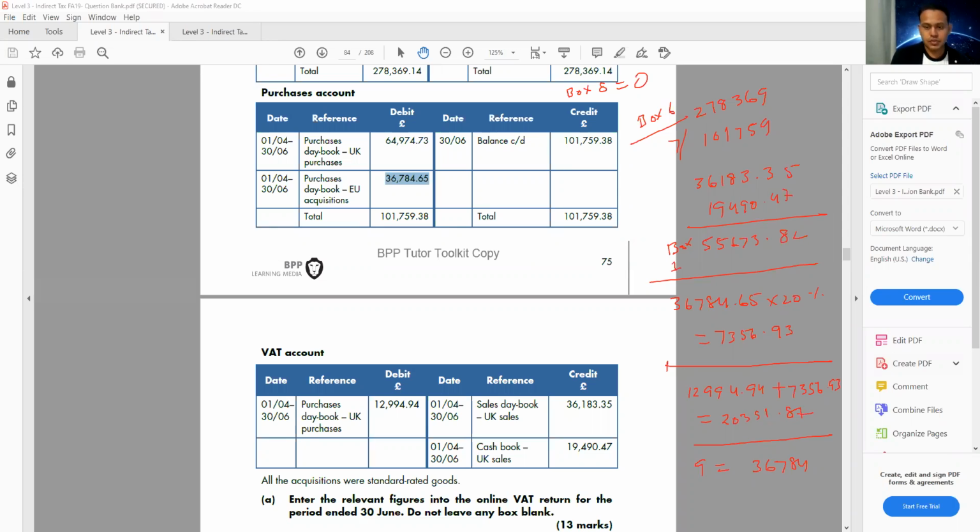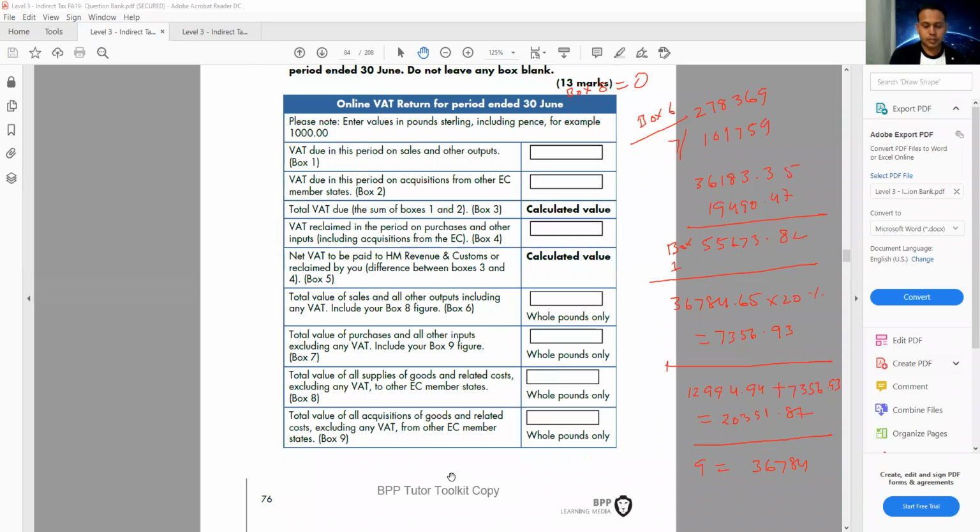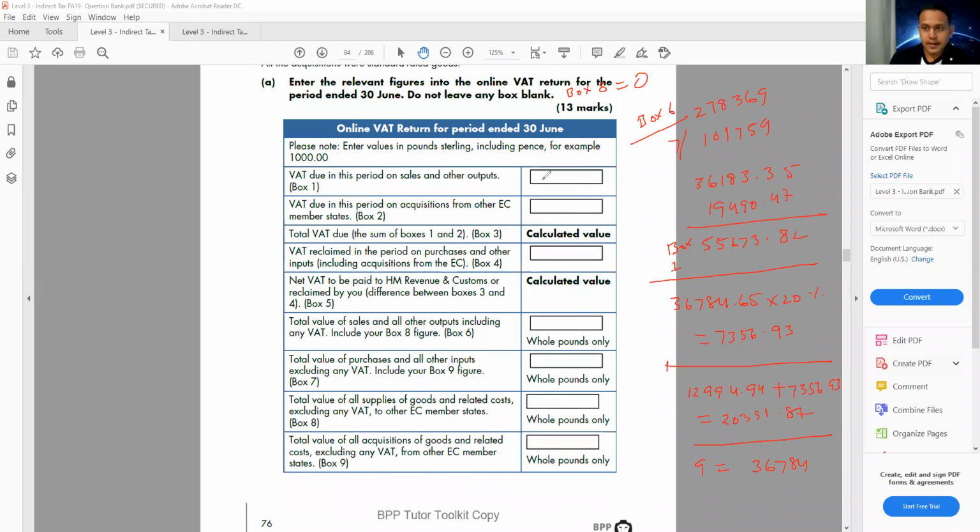So now we can go back to the boxes and quickly fill them up. Box number 1, we have 55,673.82. Then box number 2, we have 7,356.93.